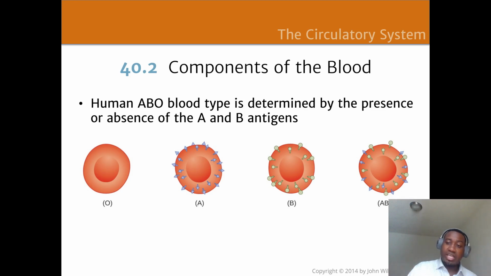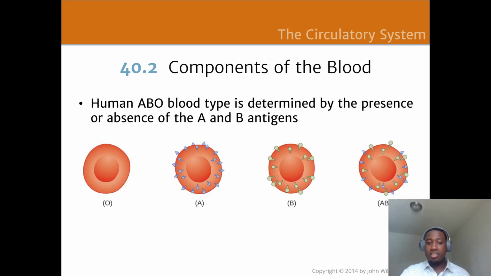Now let's look at AB. AB has the blue arrows and the green circles on it. So that's the AB blood type. The red blood cells already have both antigens on them, right? They recognize both antigens.